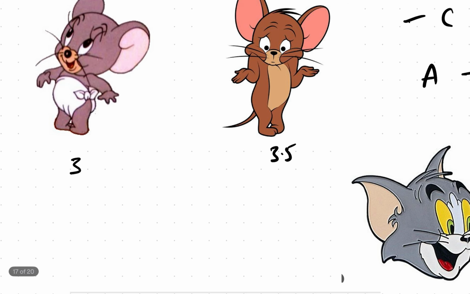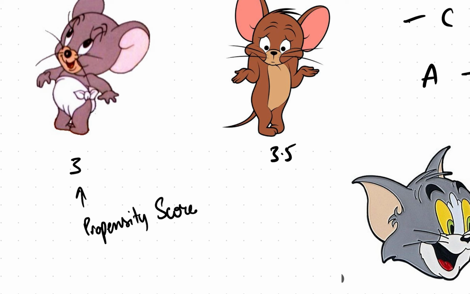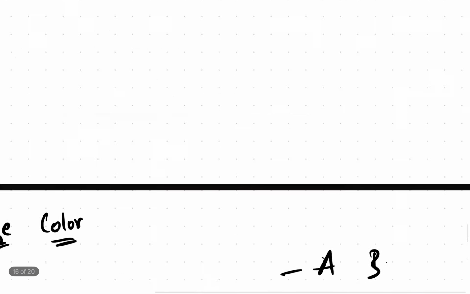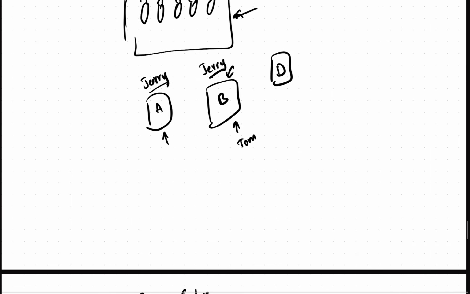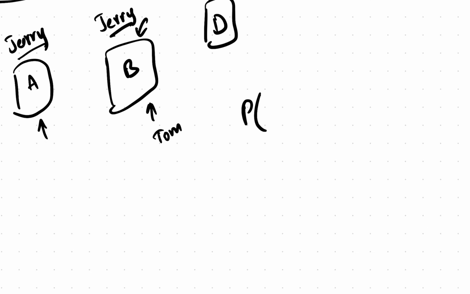These scores are called propensity scores, and the score is calculated using logistic regression. I'll leave you guys with the formula of the score. Propensity score is nothing but the probability of getting treatment based on certain factors.